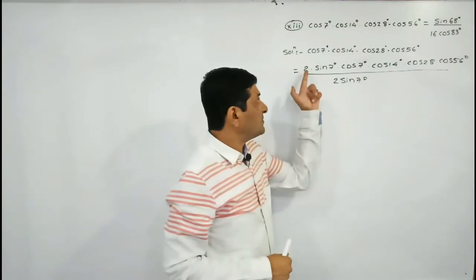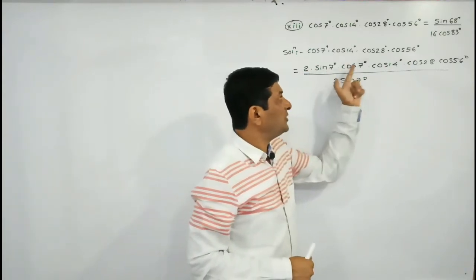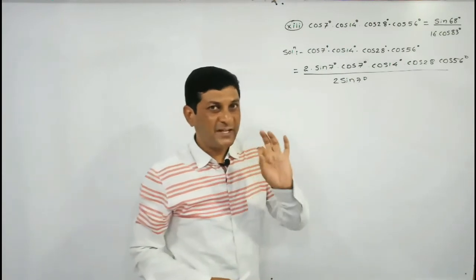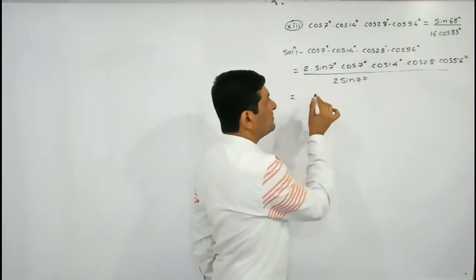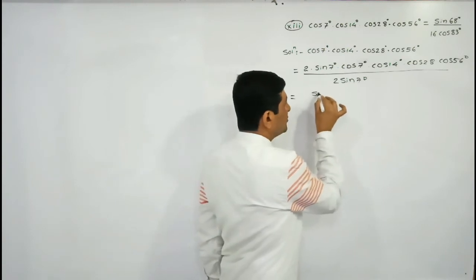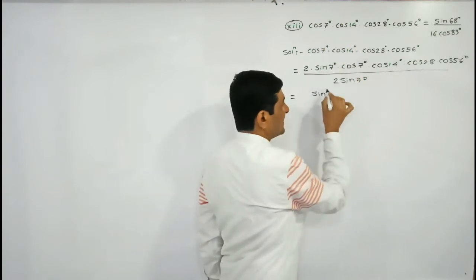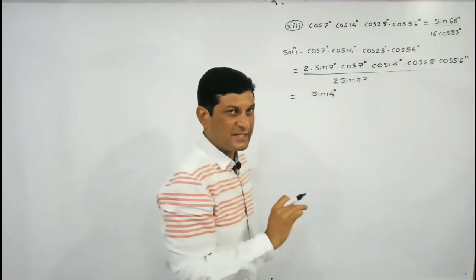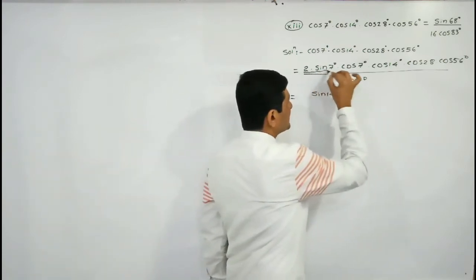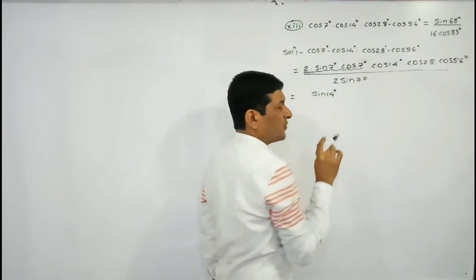Now observe this term. Is it in the form of 2 sin theta into cos theta? Yes, and 2 sin theta into cos theta, according to the double angle formula, equals sin 2 theta. Theta is what here? 7. So 2 theta means twice 7, equal to 14 degrees. Now the value of this expression will be sin 14 degrees.